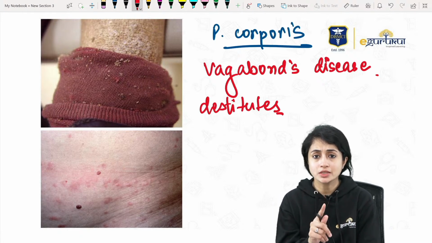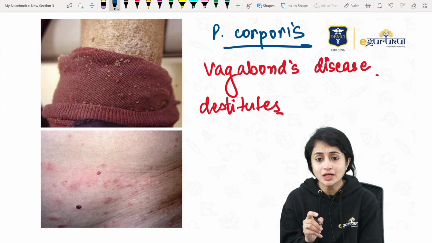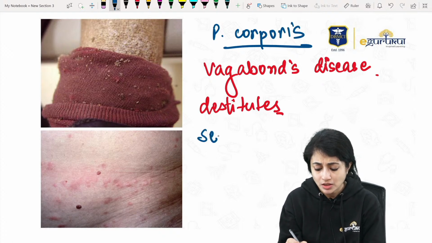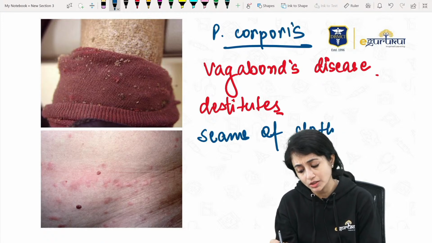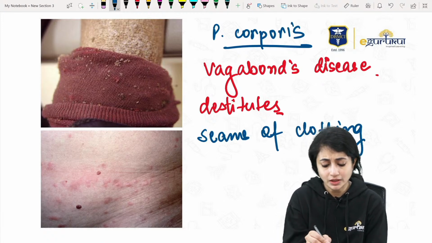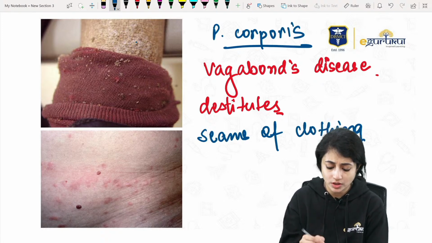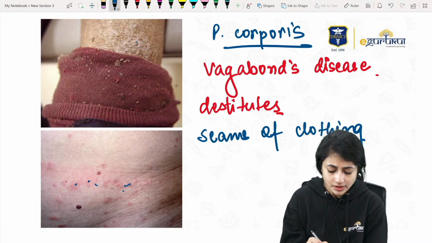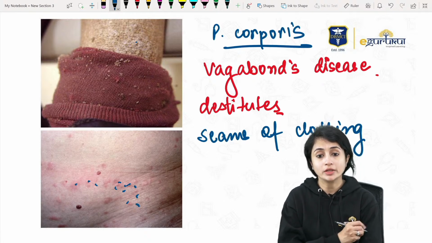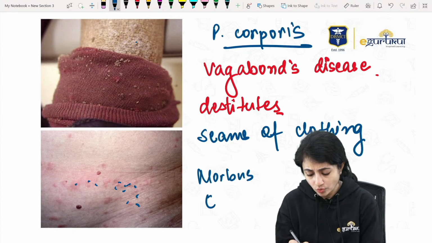These lice stay in the seams of clothing, very characteristic. They're not there in the skin. They bite, take their blood meal and come back, leaving marks on the body, which is called morbus errorum.